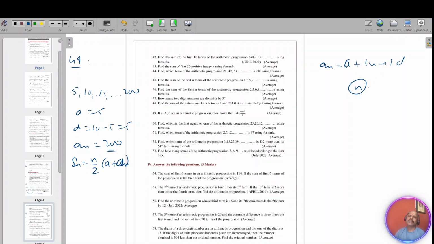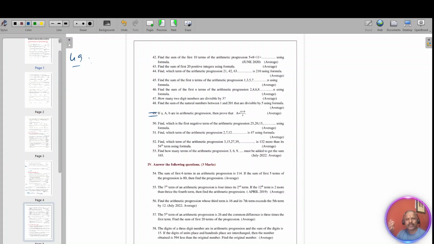Okay, we'll move to the next question. 49th is important. Please mark it. This is an application problem only. We have seen this example in 1 mark questions, 6 comma x comma 14 kind of thing. So you have to show that, they have given a comma b are in AP, right? You have to show a equal to a plus b by 2. Very simple.